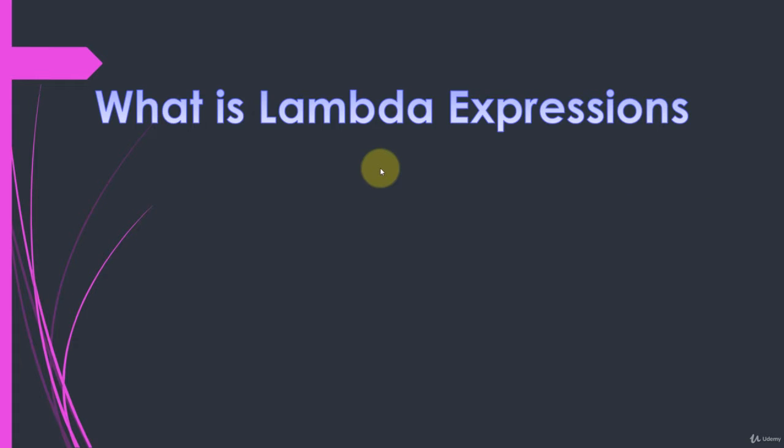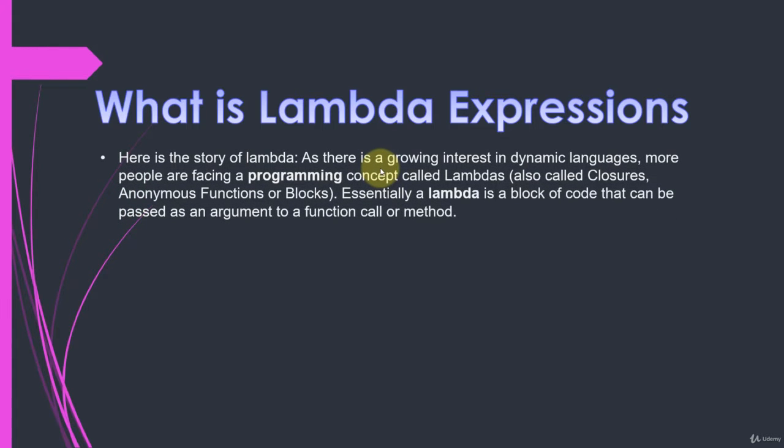So what are lambda expressions? Here is the story of lambda. As there is a growing interest in dynamic languages, more people are facing a programming concept called lambdas, also called closures.